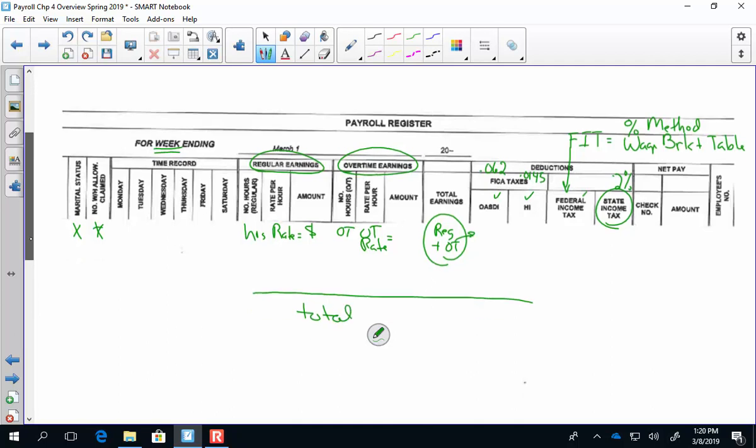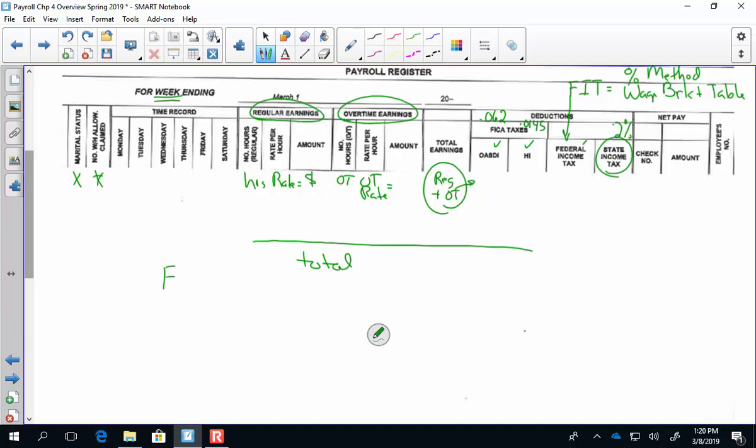And also, I believe there is an employer section, and two of them for OASDI taxes and HI taxes. And here, I would like you to take, again, the gross wages times the rate.